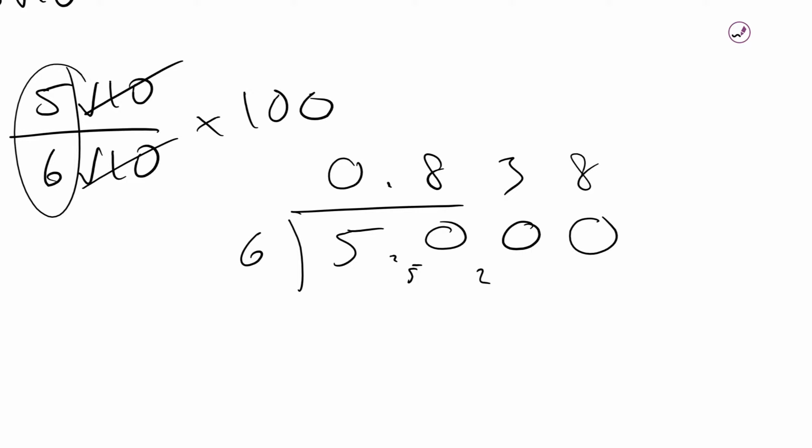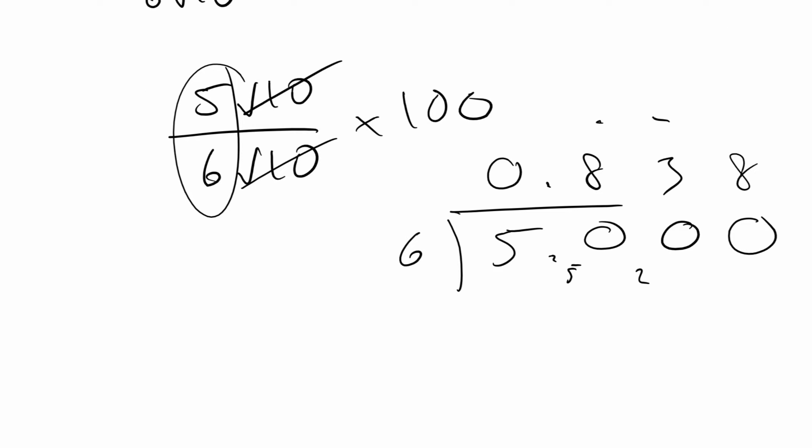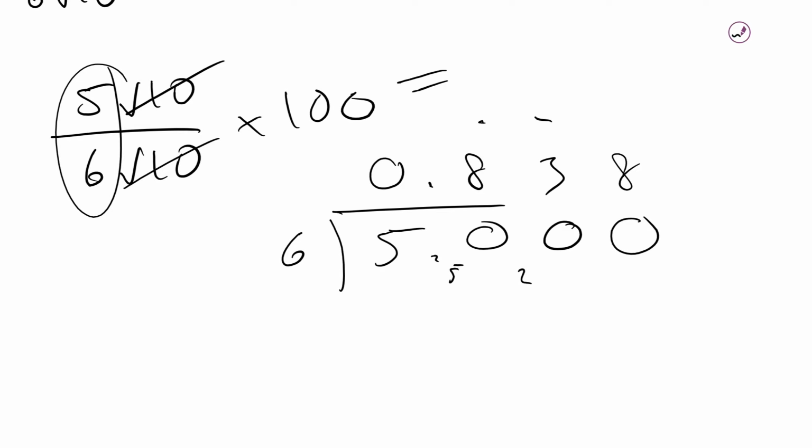Okay, so 0.8333 recurring. And so what does that mean as a percentage then? It'll be 83.3. 83 and 1/3%, recurring, or 83.33 recurring percent, whatever you want to call it.